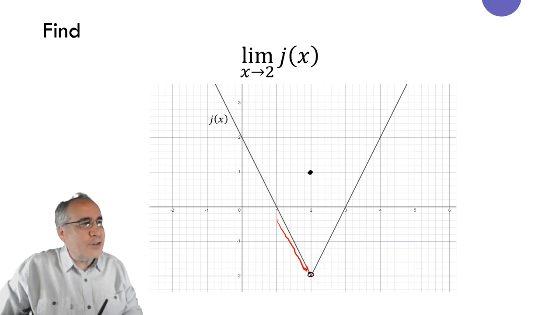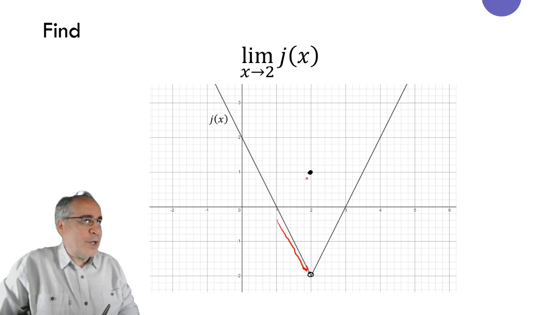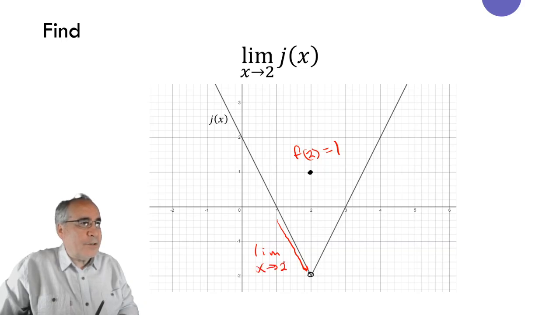The function value at 2 is actually +1. So we can see f of 2 actually equals 1, but the limit as x goes to 2, at least from the left, is going towards -2.